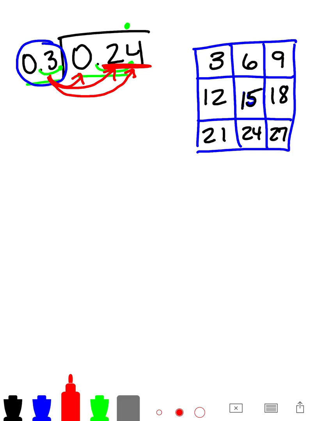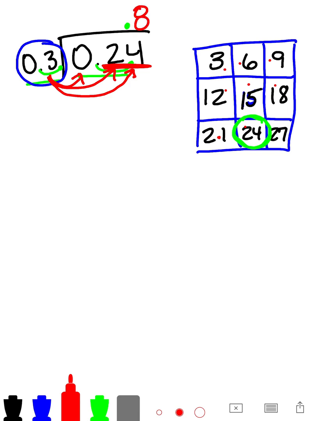Okay? Close to but does not go over the number 24. So I can see in my count by box that I have 24 right there. So I know that it's 1, 2, 3, 4, 5, 6, 7, 8 times that it fits.